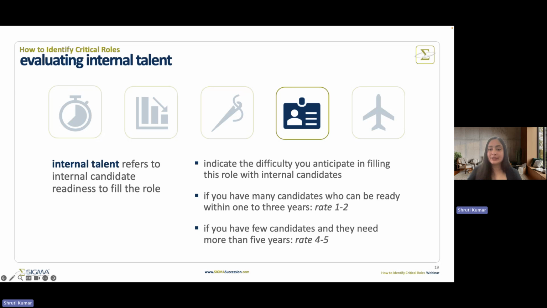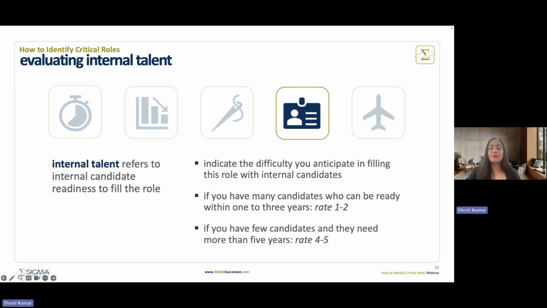Now, the next two criteria have to do with your internal and external talent evaluation. You'll first evaluate internal bench strength. This refers to both the number of succession candidates that you have available, as well as their readiness to fill the role. So the higher the rating here, the more difficult that you anticipate filling the role with internal candidates.